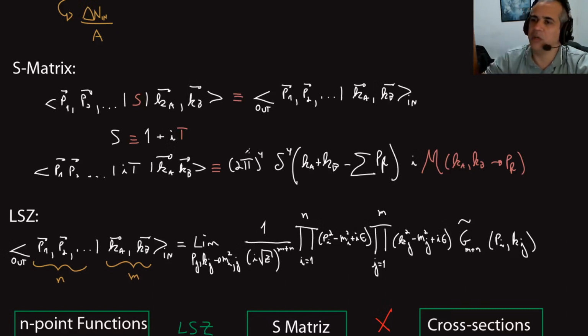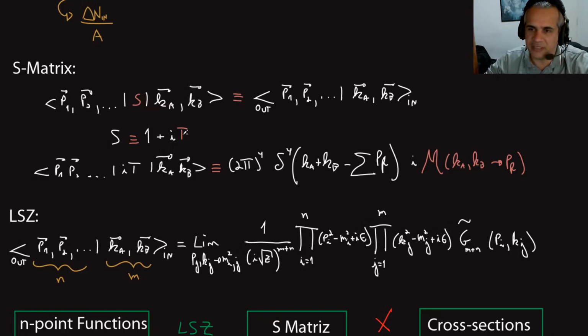So evolve this from the past into an intermediary point, and then of course once you evolve these asymptotic states to any arbitrary intermediate time, they interact, you generate the outgoing states and you evolve them until they are asymptotically free again. And that's what the S matrix does, right? So it's defined in this equation.